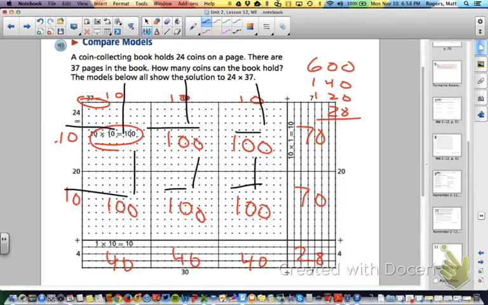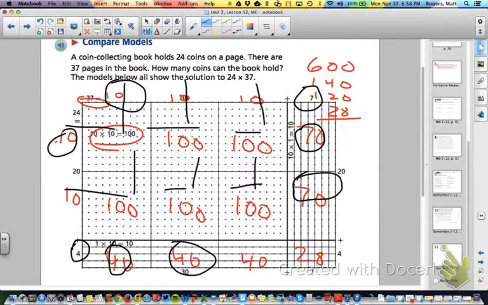Then, when you look over at the 7 times 10, you would get 70. When I look at 10 times 4, I would get 40. Again, same thing, 10 times 4, 10 times 4.